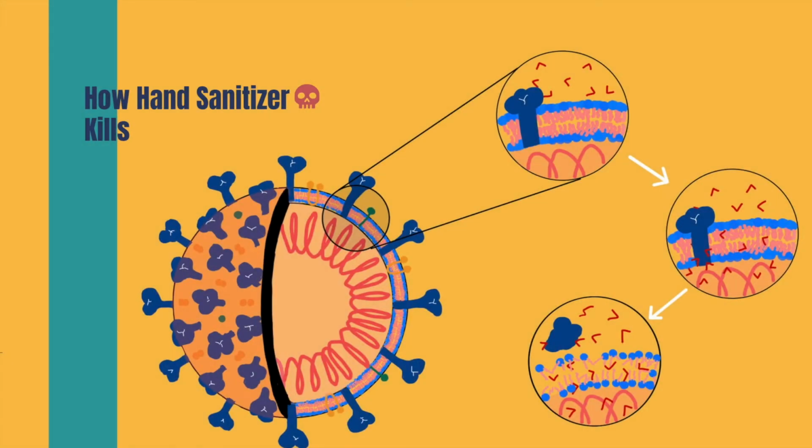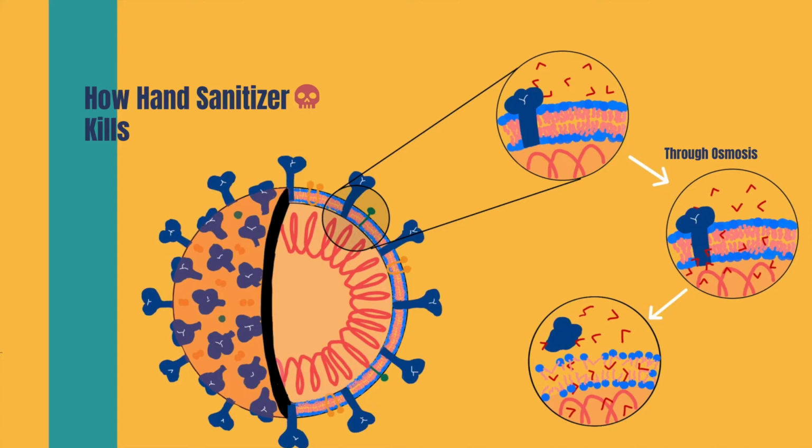Now let's take a look at how hand sanitizer kills the virus visually. Ethanol, being a very small polar molecule, is able to move through the phospholipid bilayer. As we can tell from the chemical structure of ethanol, it is also amphiphilic, which allows ethanol to mix in with the phospholipids. The ethanol eventually reaches the cytoplasm through osmosis. As we saw in the chemical structures, when ethanol meets phospholipid, it increases the membrane fluidity, allowing more ethanol to enter.